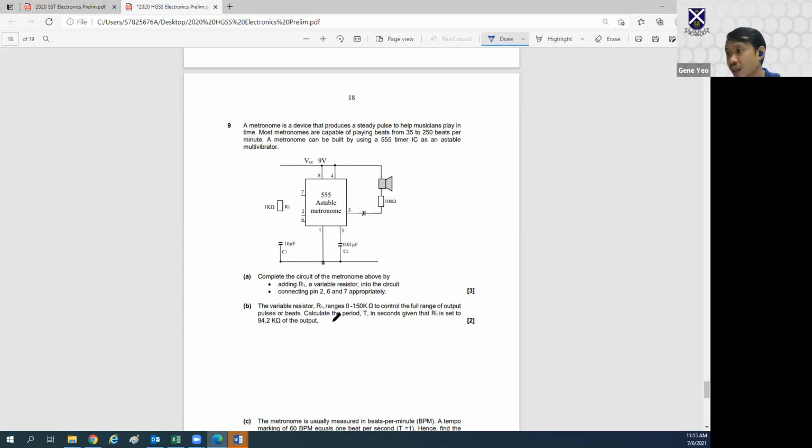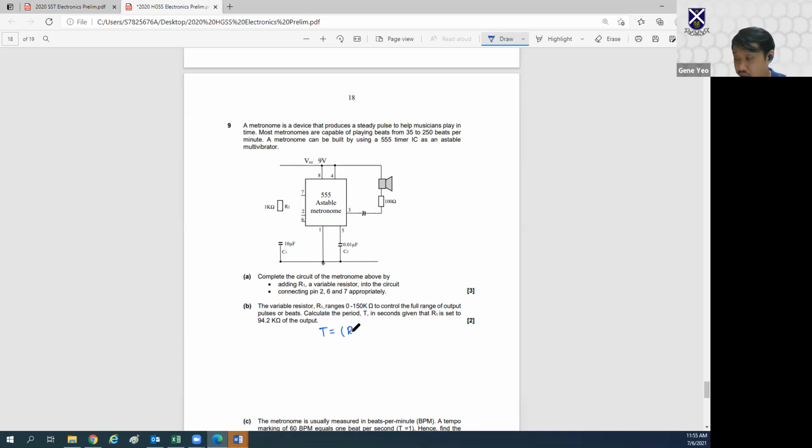Calculate the period T in seconds given that R1 is set to 94.2. Okay, so the period is, first you have to calculate the period.